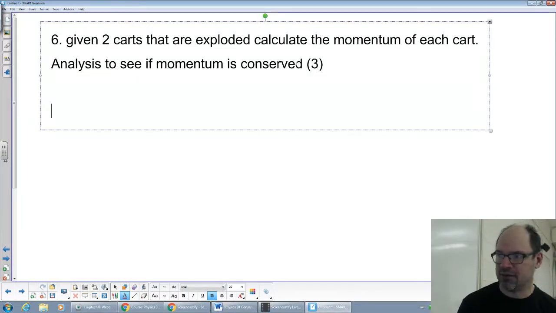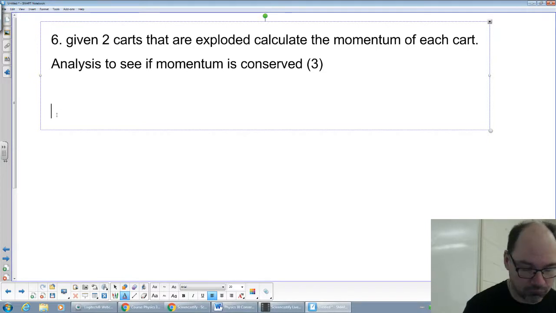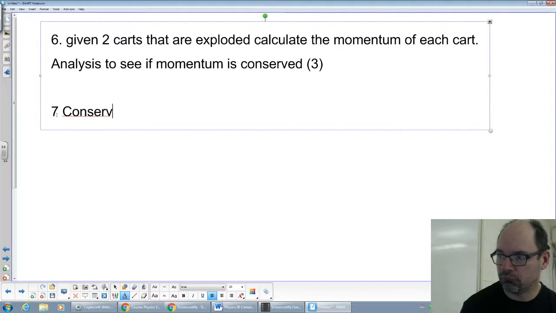Okay, question number 7. All right, so we have a conservation of energy question with friction, pardon me.